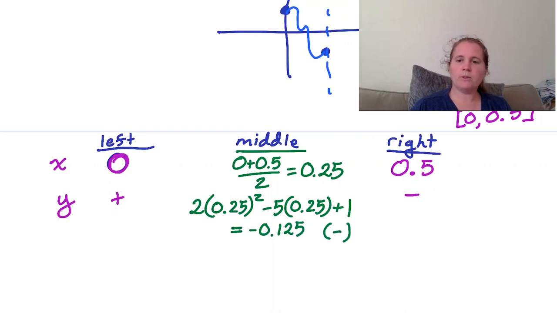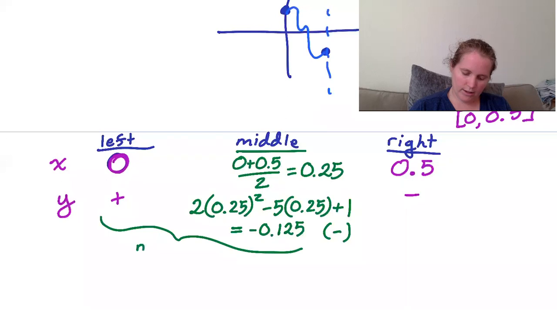So we want where they switch signs. So from that middle to the right side, we kept the same sign. There's no guarantee we cross the x-axis. But from the left to the middle, to go from positive to negative, we must cross the x-axis. So somewhere in this interval, we must cross the x-axis.